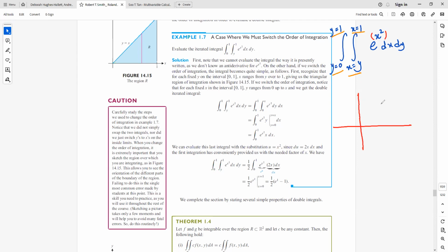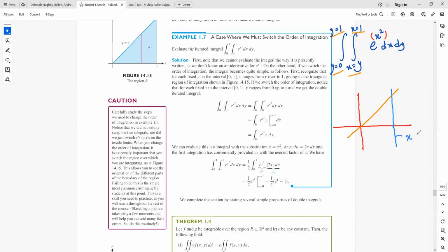The first curve is x equals y, which is this line. Then it goes from x equals y to x equals 1. x equals 1 is this line here, parallel to the y-axis.